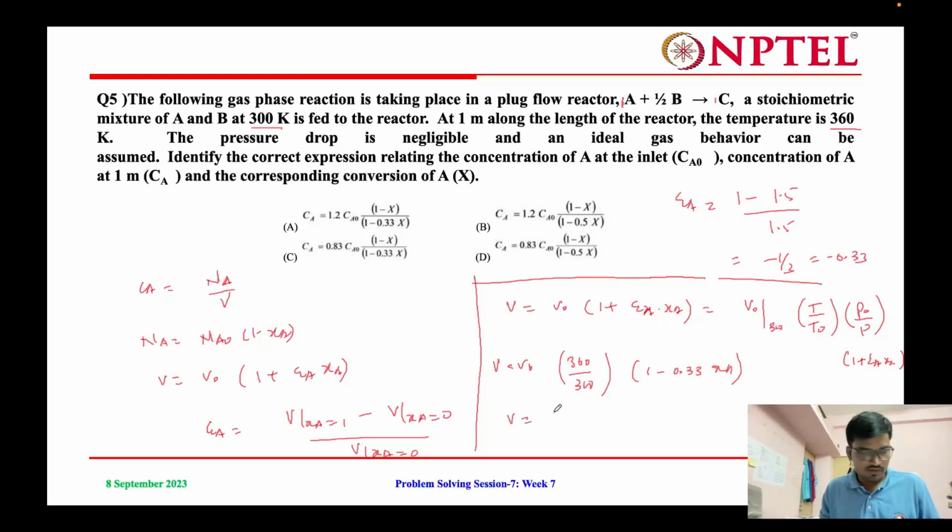So V is equal to V_0 times 1.2 times (1 minus 0.33 X_A). Right. Now put this value in these equations.